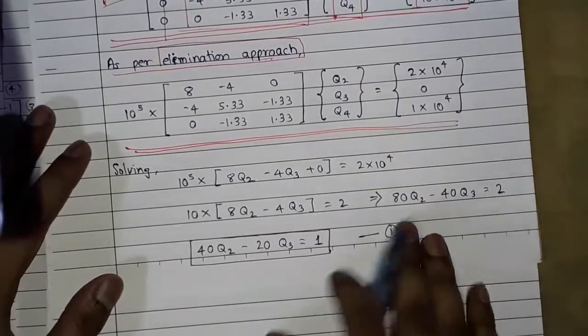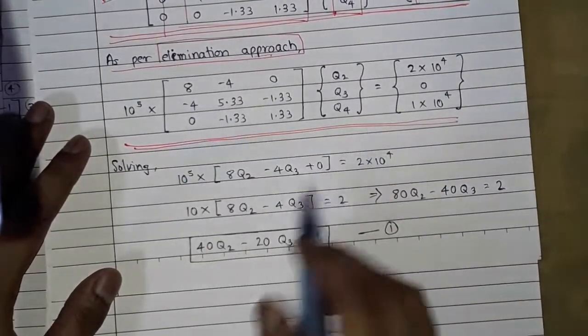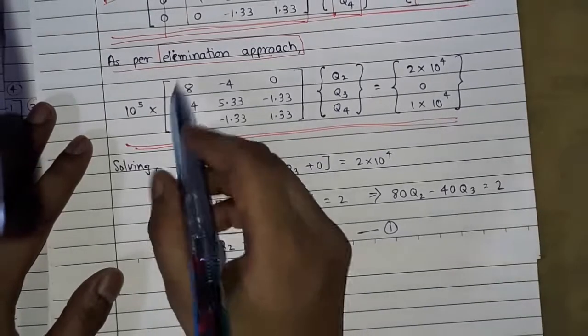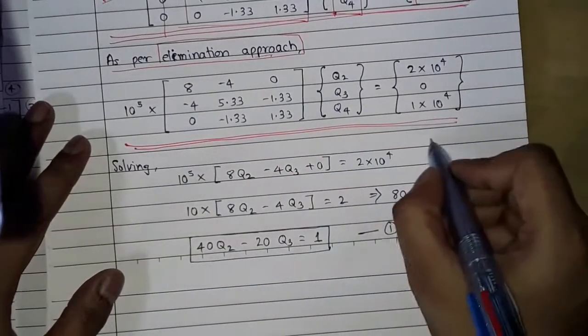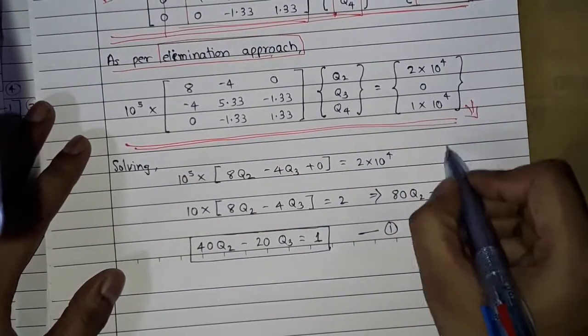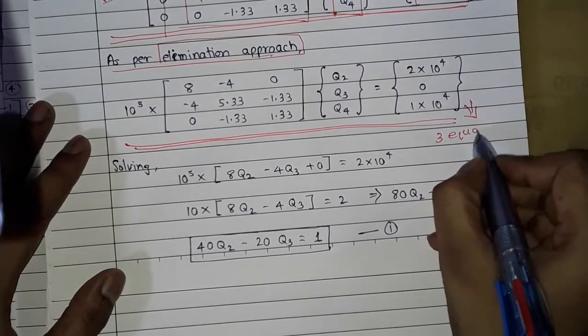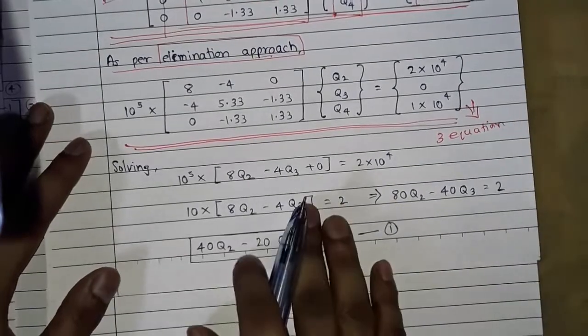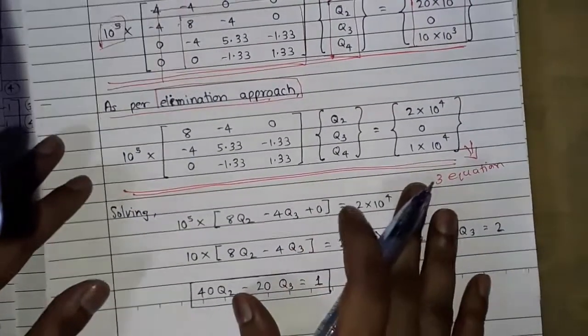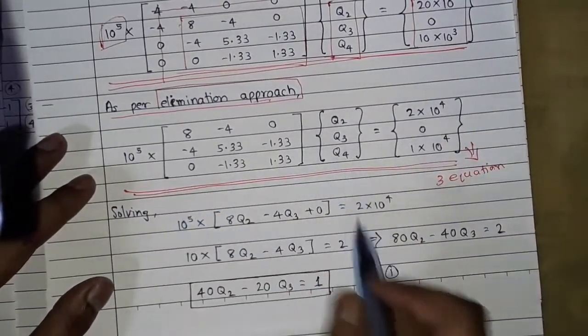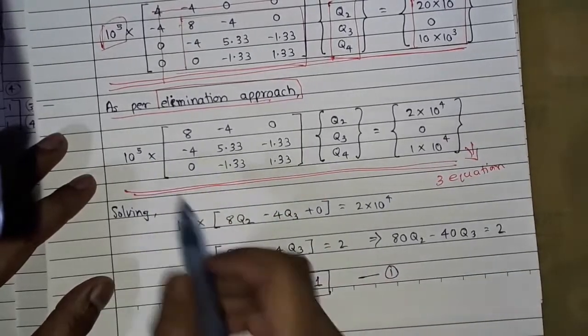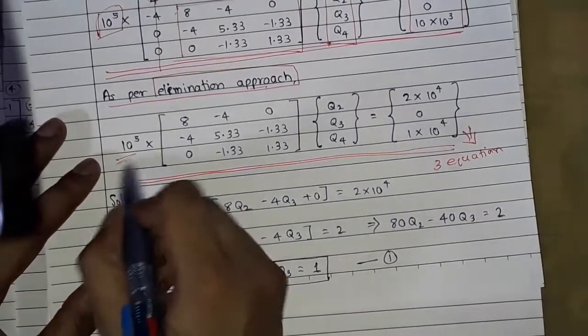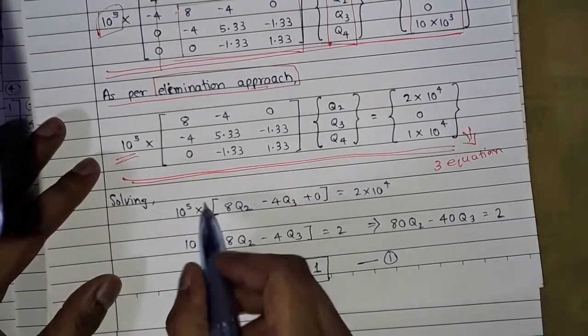Let's first solve. After solving this matrix we will get 3 equations. Let's find the first equation. Here 10 raised to 5 is as it is.